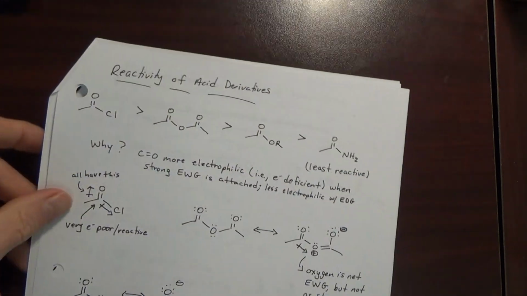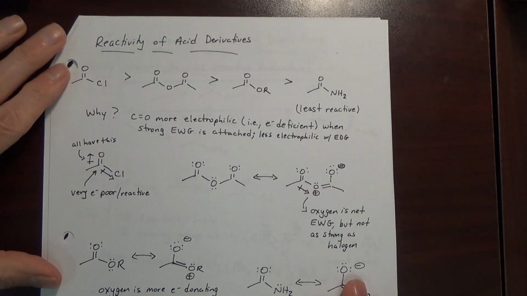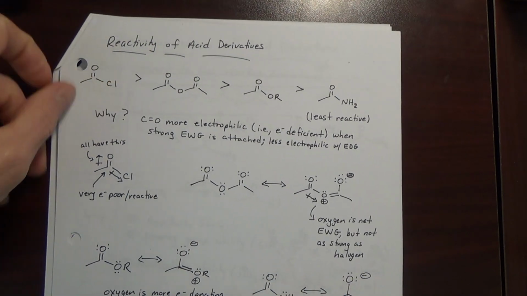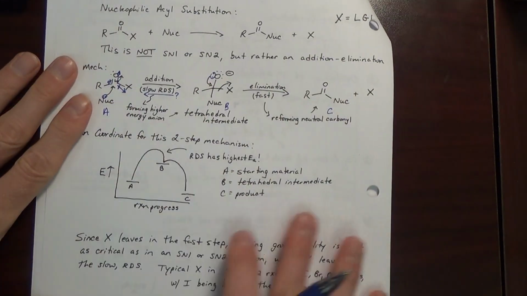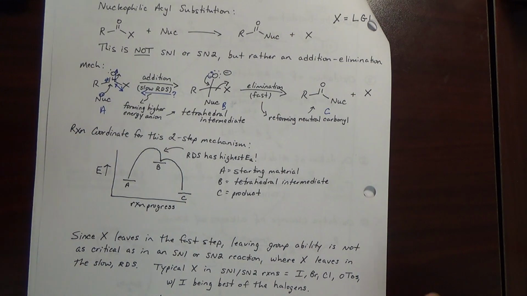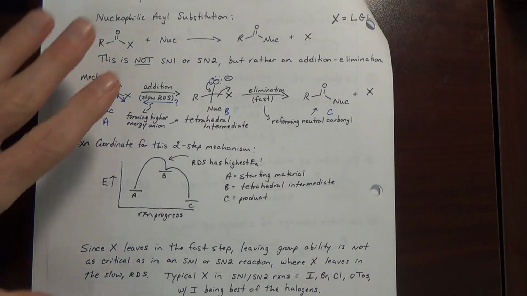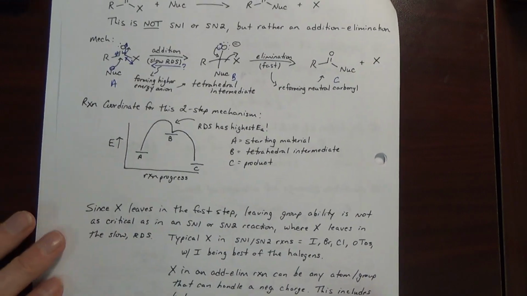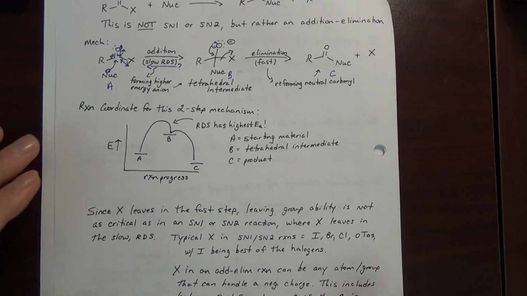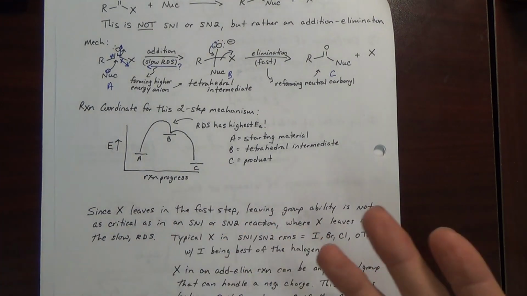Now, this is an overview. We will refer to this once we start doing specific reactions. There could be other things to say at this point, but I'm going to let those things come up and discuss them as we need to.